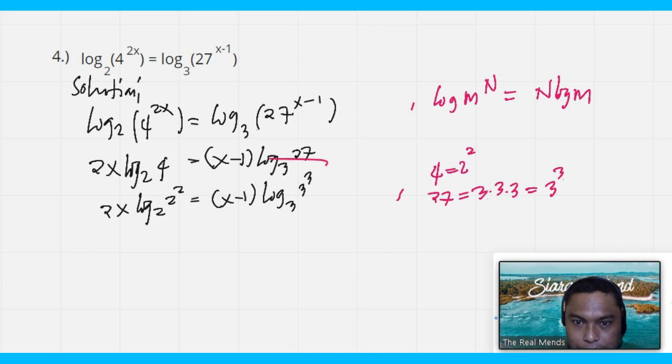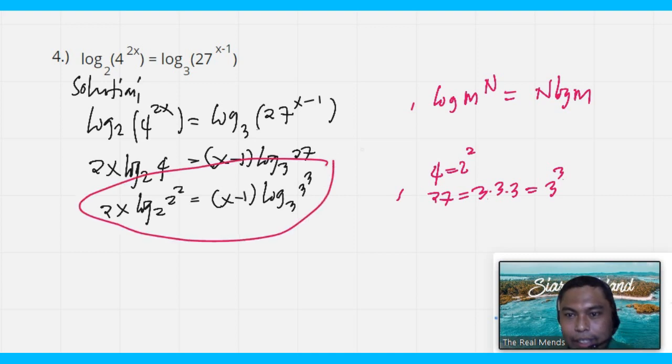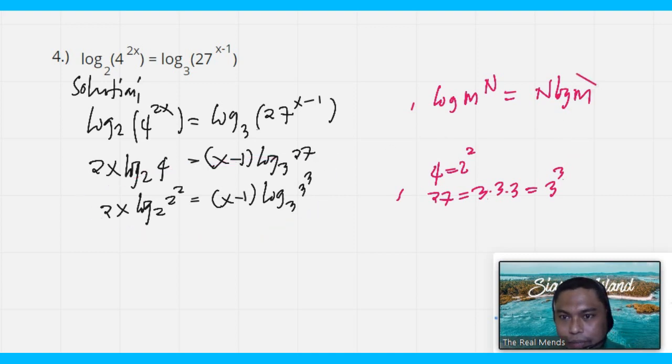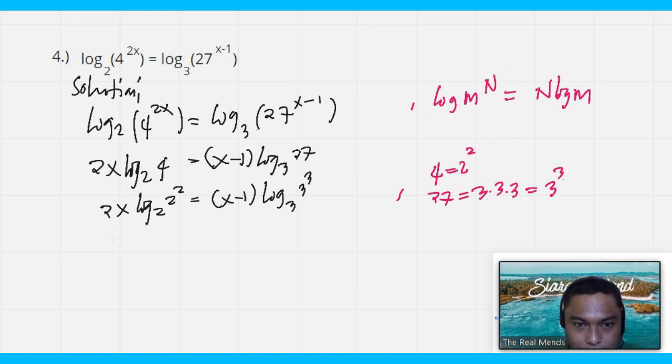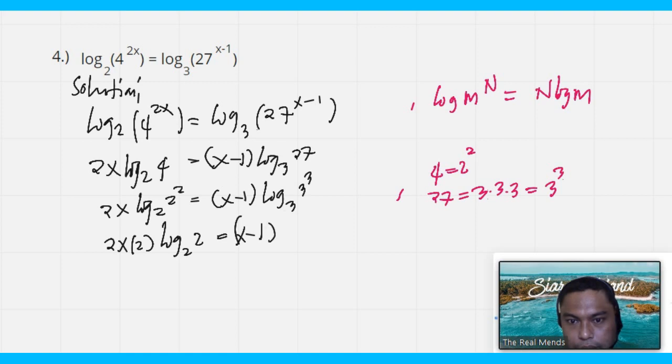After this one, we apply again these properties. So therefore, this can be written as 2x times 2, log of 2, is equal to x minus 1, then times 3, log base 3 of 3.